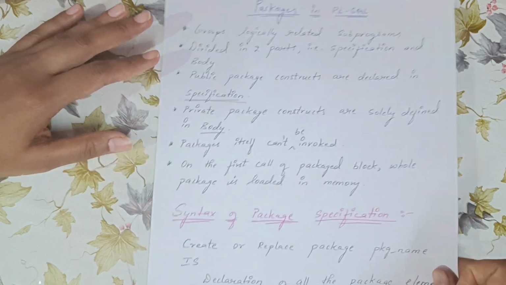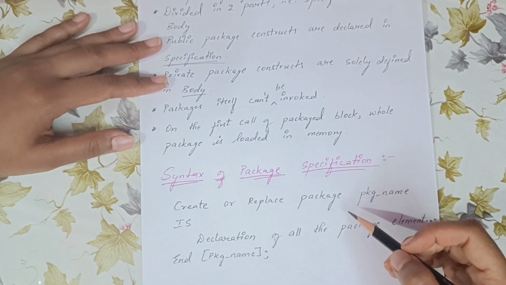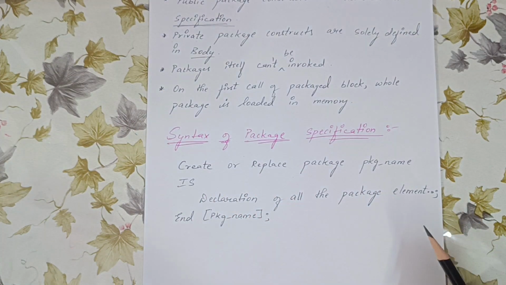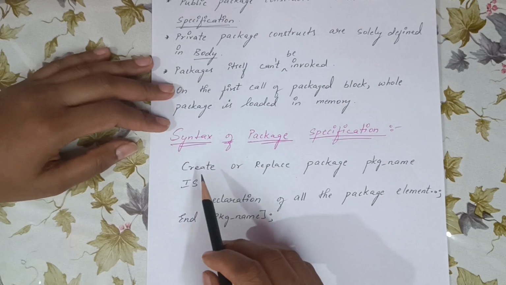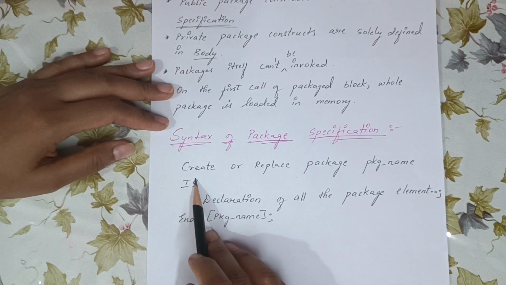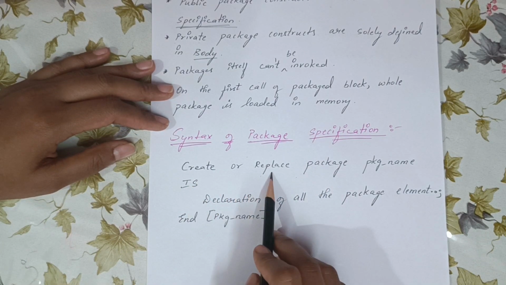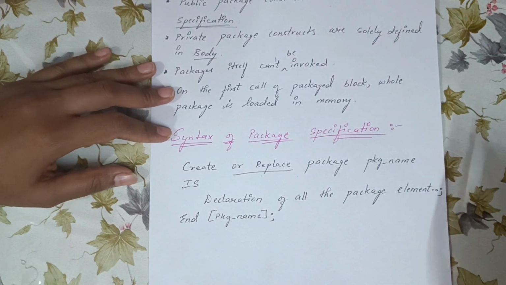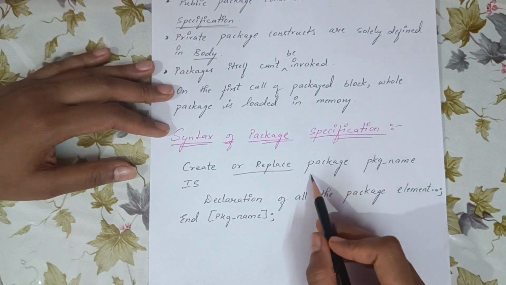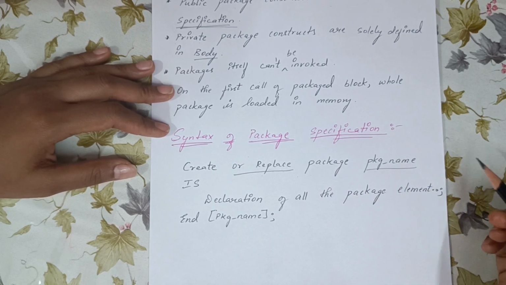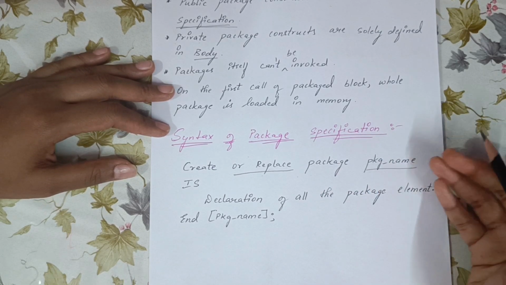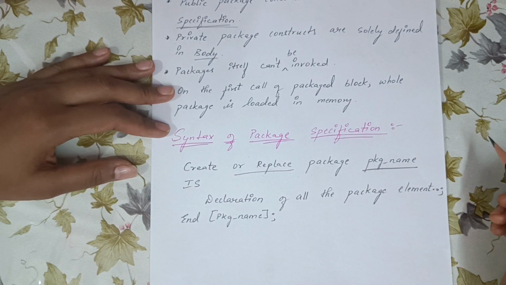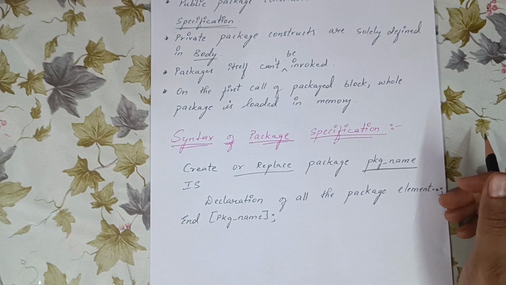Here we have one simple syntax, same as for procedures and functions, which I have already taught in other videos. Create or replace package. Replace means that if there exists a package with the name you define here, instead of dropping it, you can just replace it.